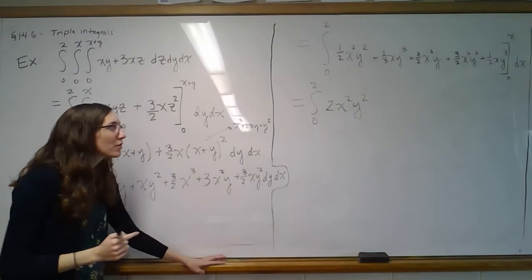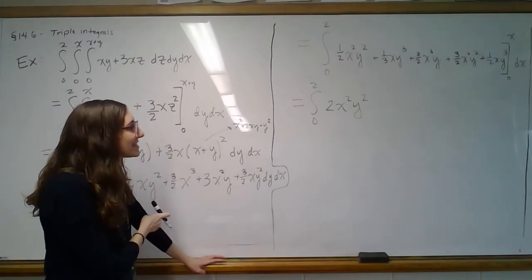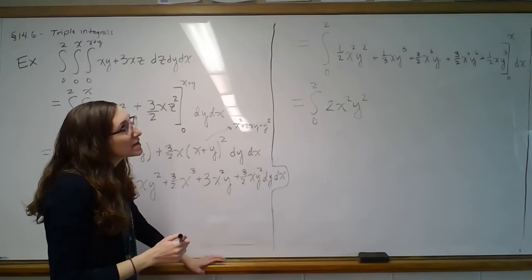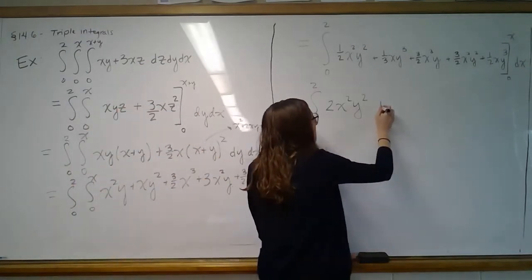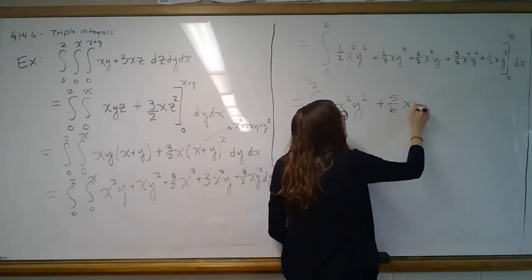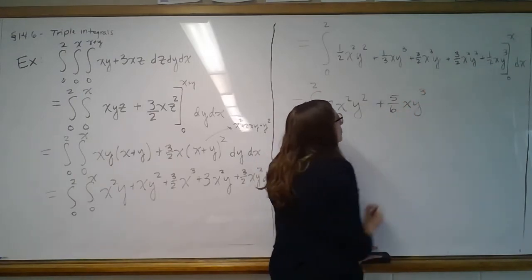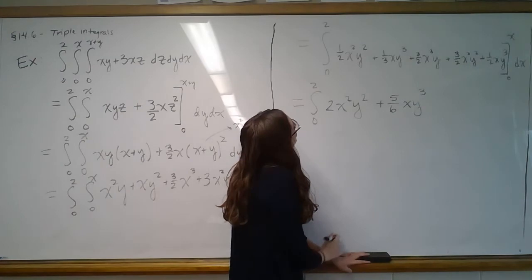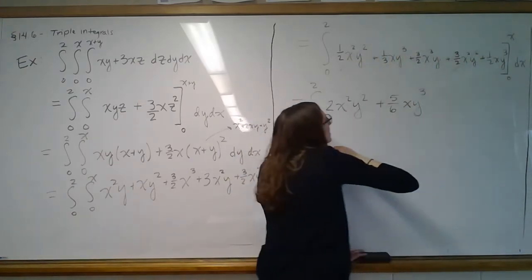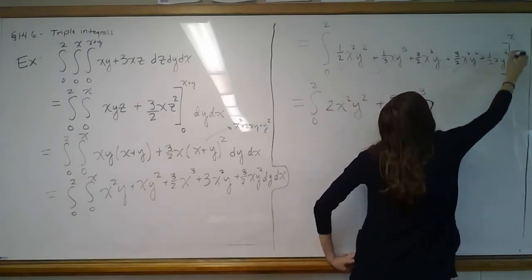If we put those both in terms of 6, I have 2 and 3, which would make 5. So we have 5 over 6 xy cubed. So we took care of those squares and then the xy cubes.